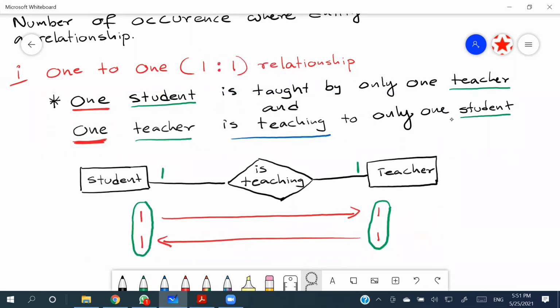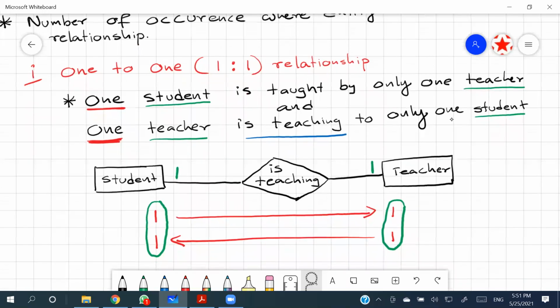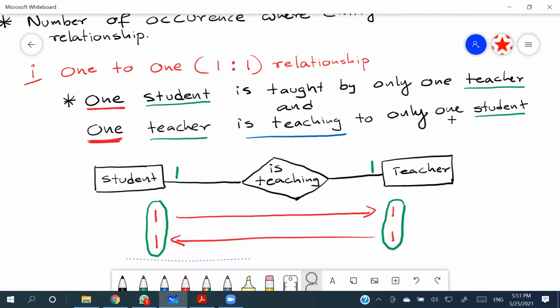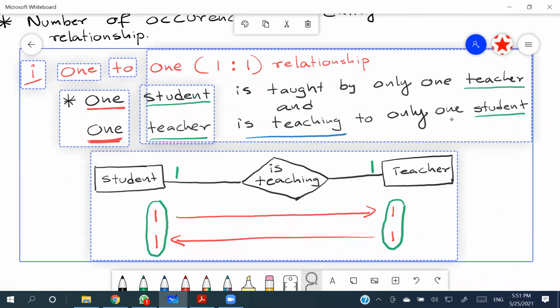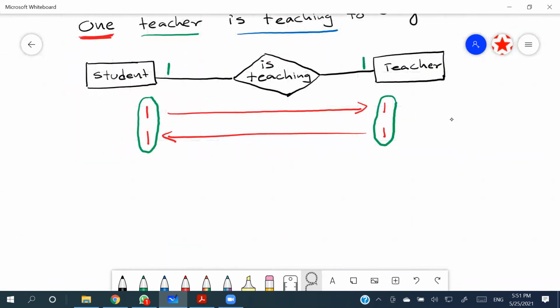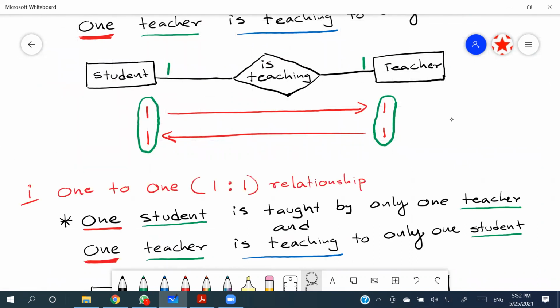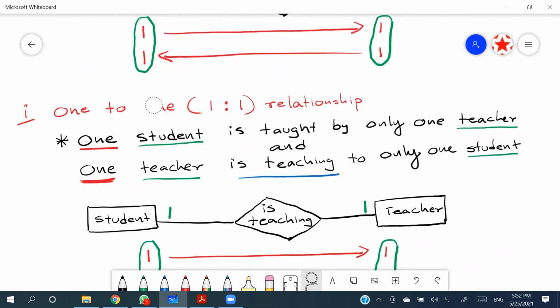All right. Okay, let me copy this to the next part so it will be easier for me, not for you. Now the next one is called one-to-many.